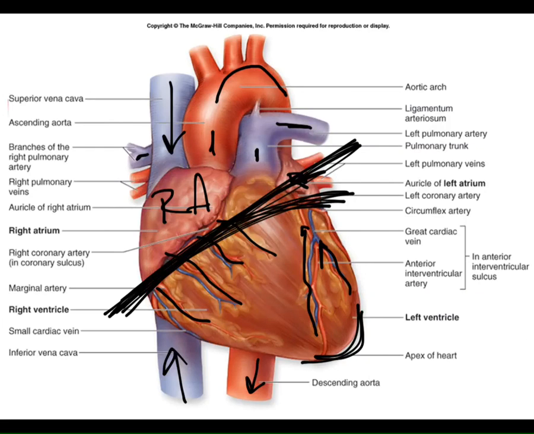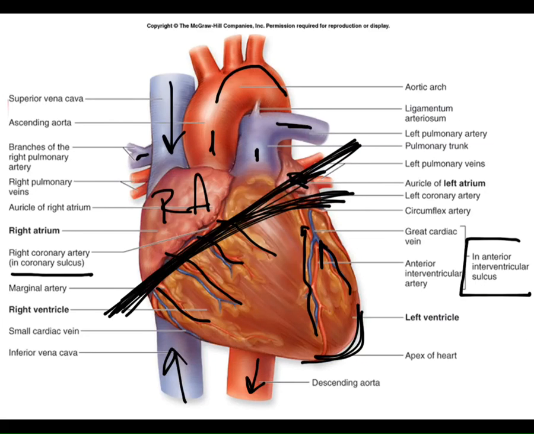Another name for that, though, is the atrioventricular sulcus, right? Atrioventricular, separating the atria from the ventricles. That's the same as the coronary sulcus. So right there, coronary sulcus is that groove.